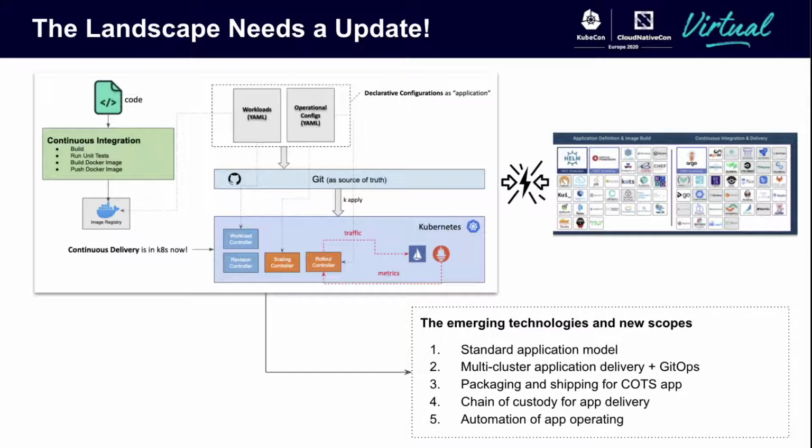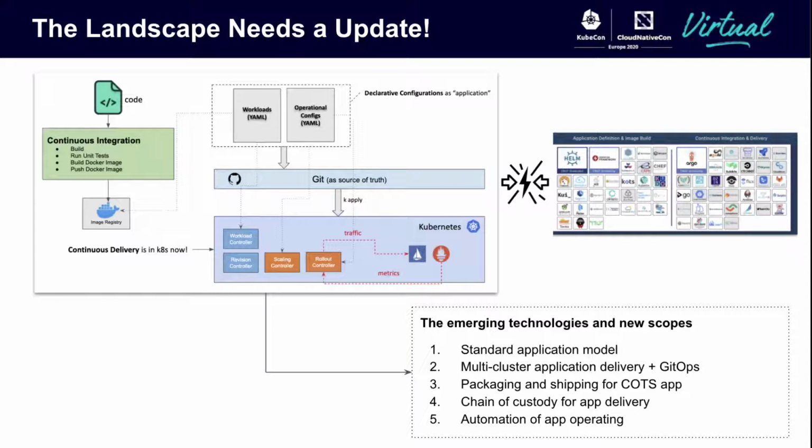These YAML files are normally stored in, for example, Git, so they can trigger a GitOps workflow per every change in these files. When the change reaches Kubernetes, the controller, like Rollout controller, will respond and perform the corresponding application delivery functionality, for example, blue-green deployment.